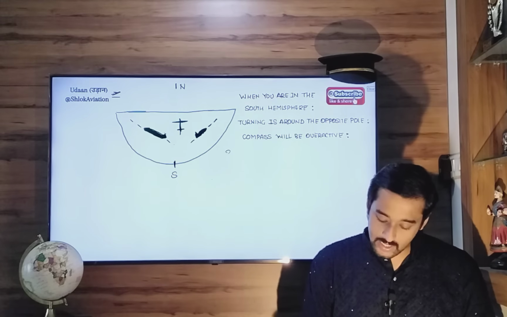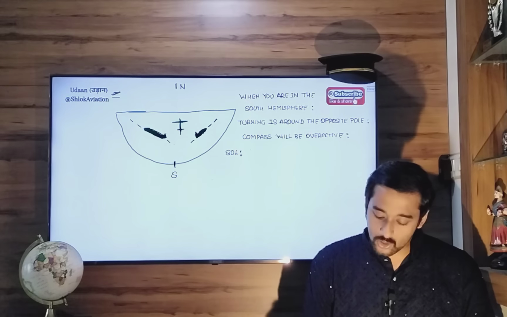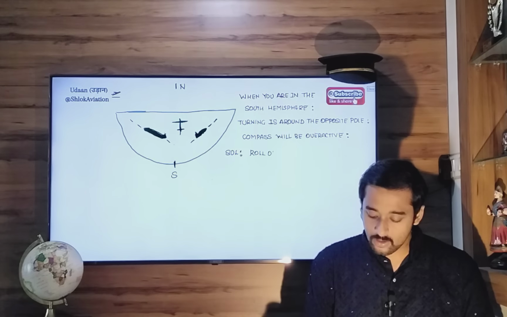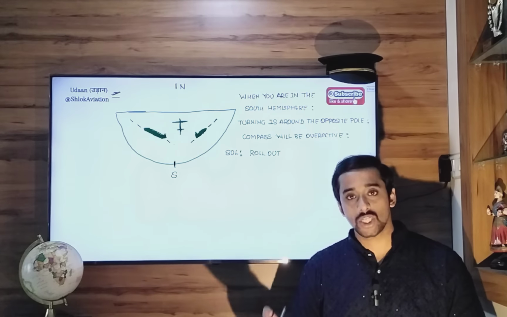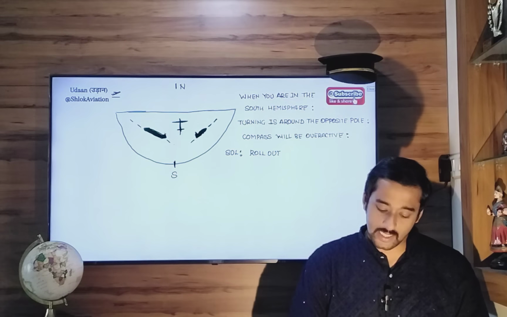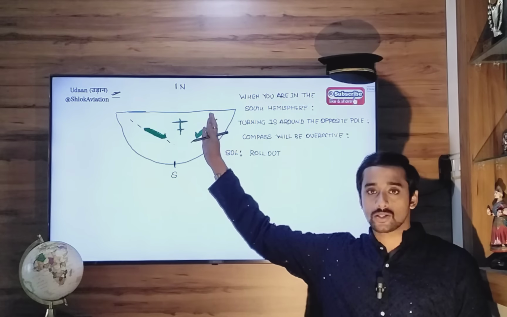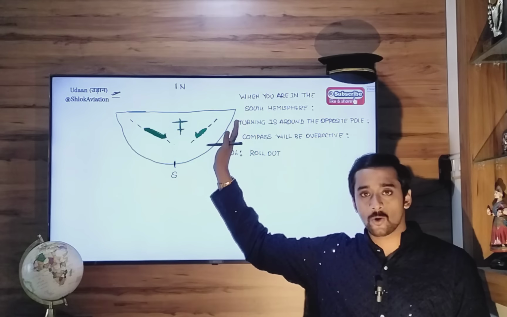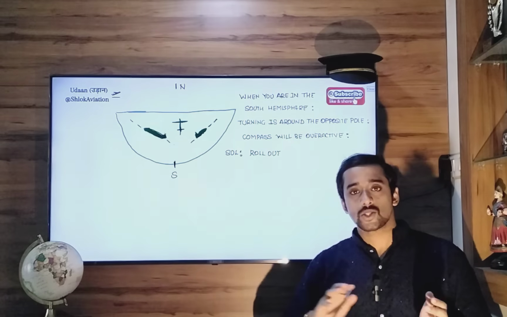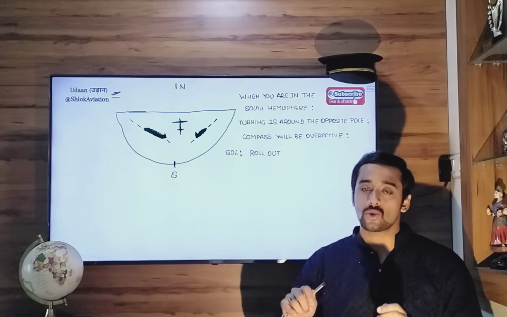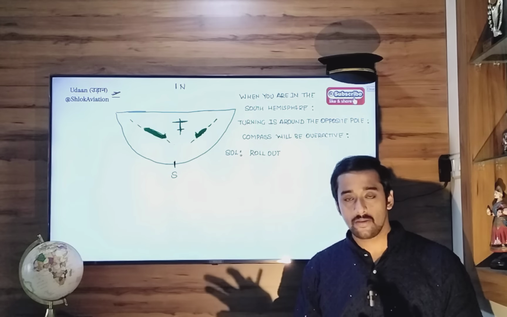So the solution is that you will start rolling out your aircraft much after you have achieved your desired heading. So let's say your desired heading is 040, northeast heading.